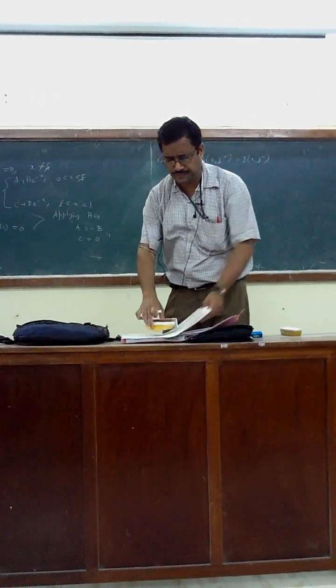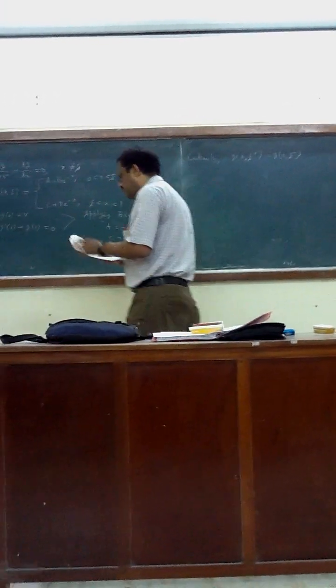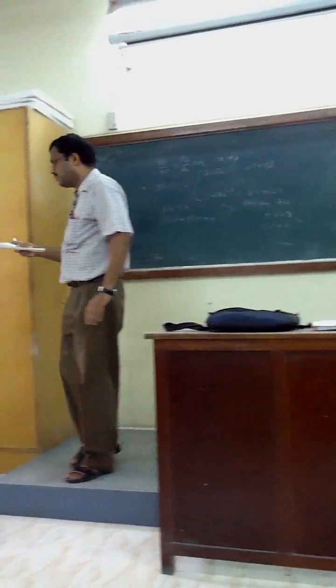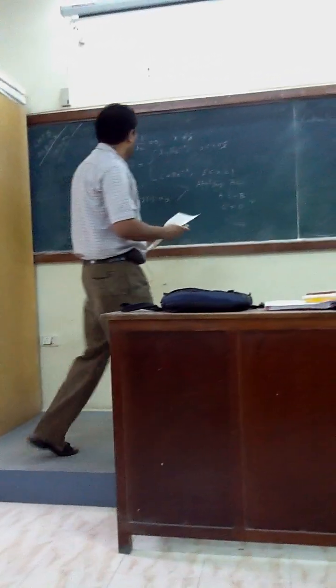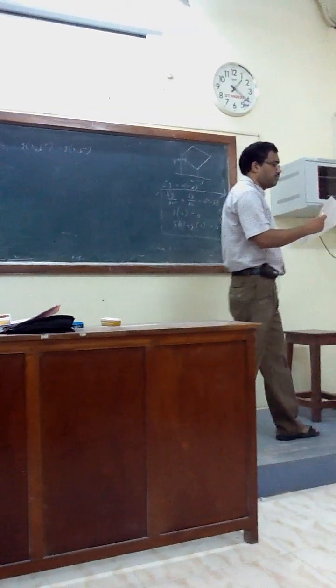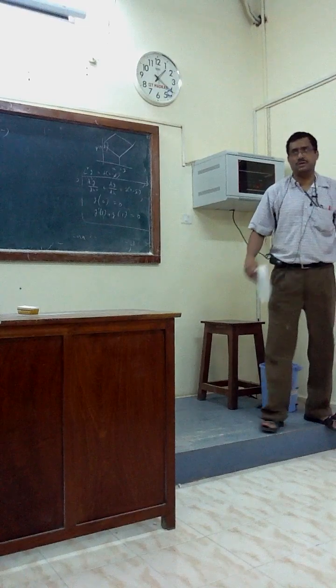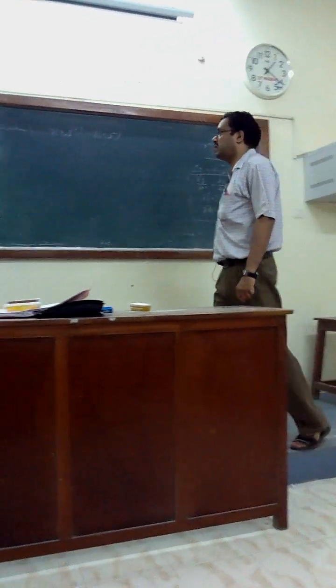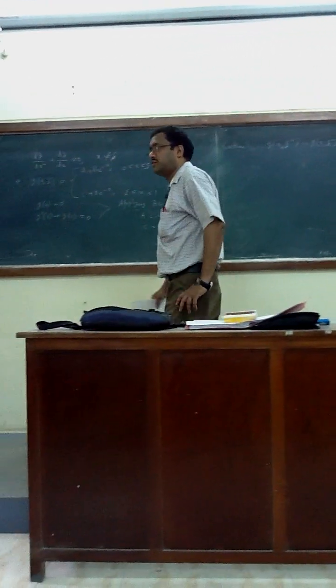What will you get if you apply the continuity? This is your z minus, this is your z plus. First one is z minus, second one is z plus. If you apply the continuity, you get a relationship. What you get?